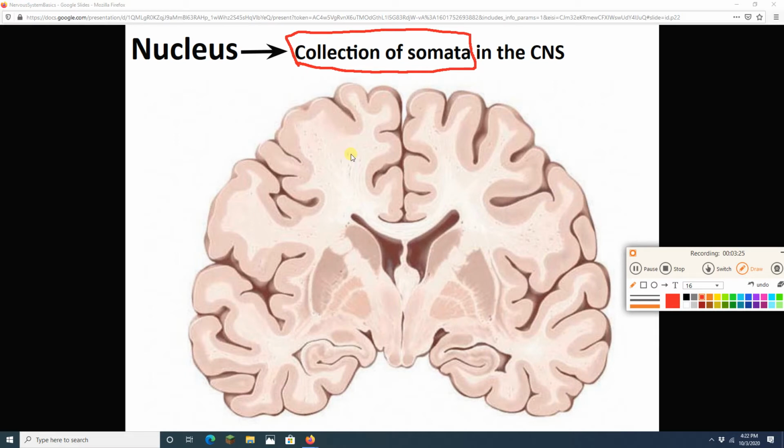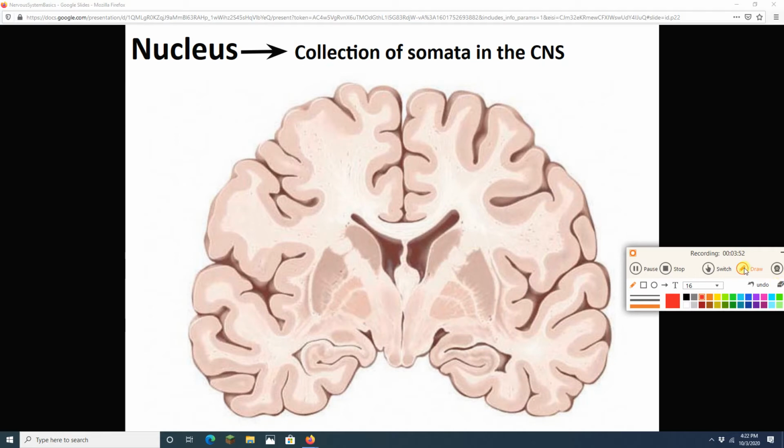Such a collection of neuron cell bodies, if it's in the CNS, is known as a nucleus. Check it out, we got a brand new definition for the word nucleus. For example, this grayish cluster right here, I would consider that a nucleus, a collection of cell bodies in the CNS.